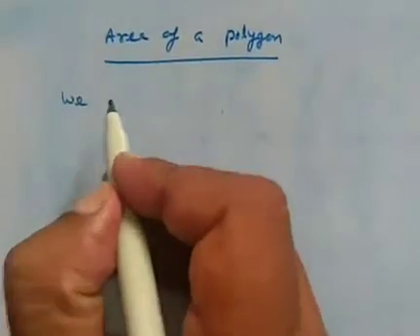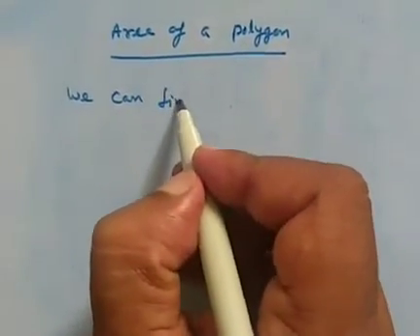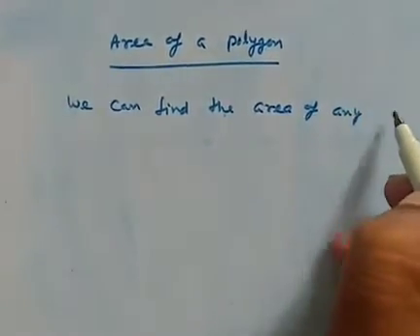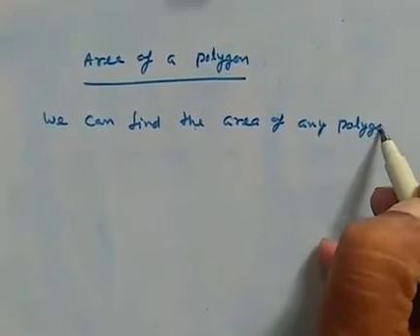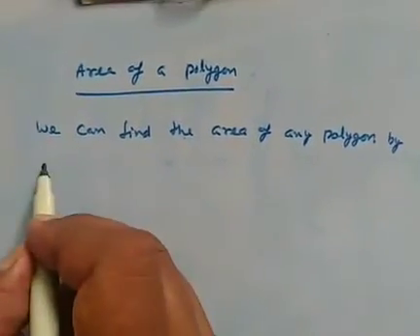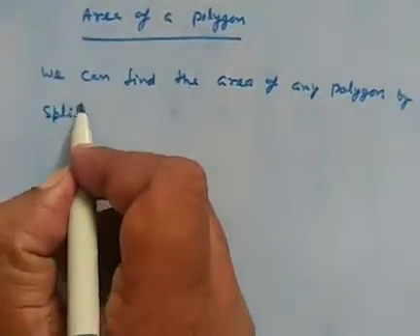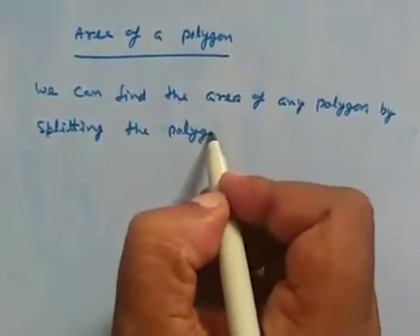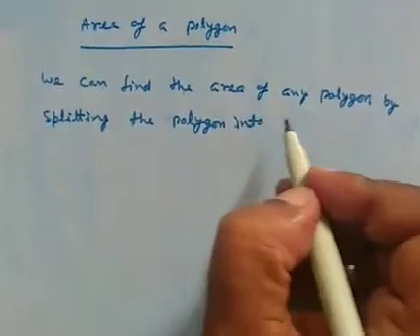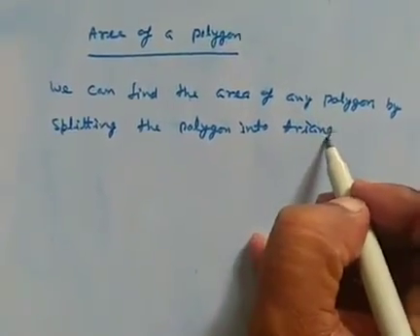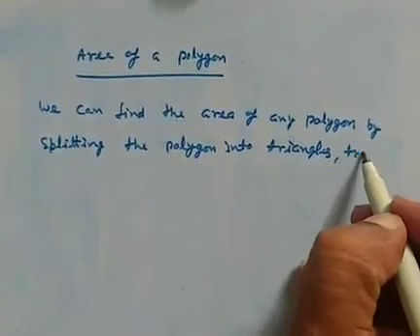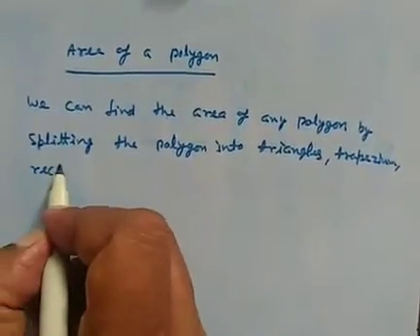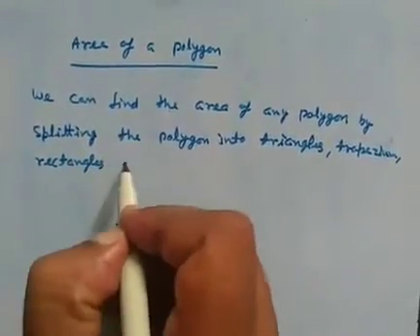We can find the area of any polygon by splitting the polygon into triangles, trapezium, rectangles, etc.